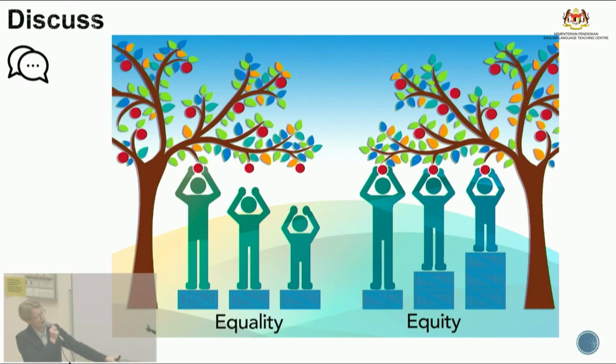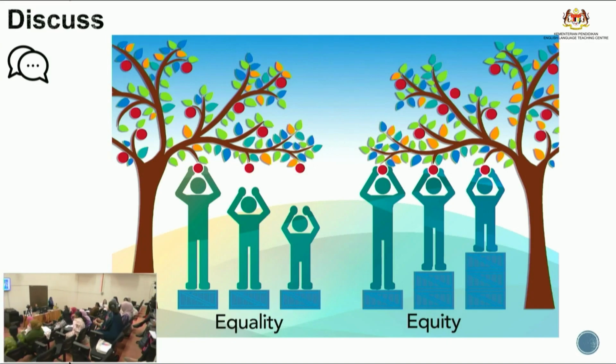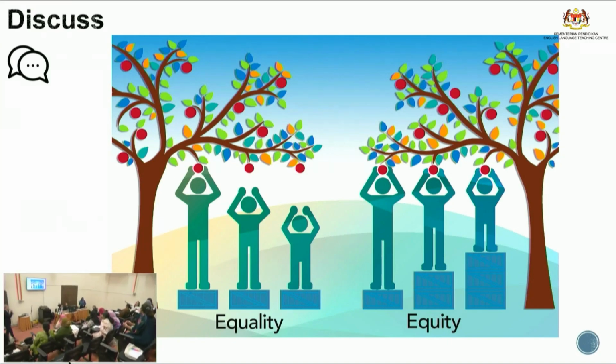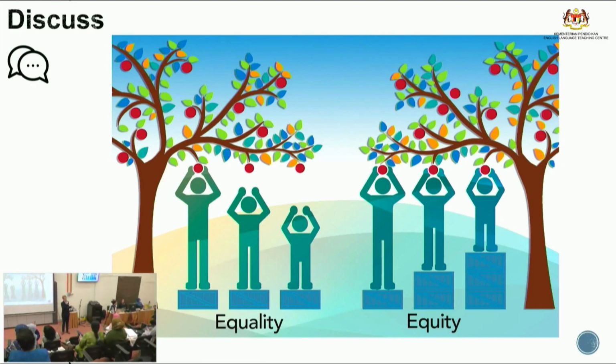We have an image here. Considering this image, can you explain what it means? Just turn to the partner next to you and explain what you think this image means. And then we're thinking, how does this connect to differentiated instruction?